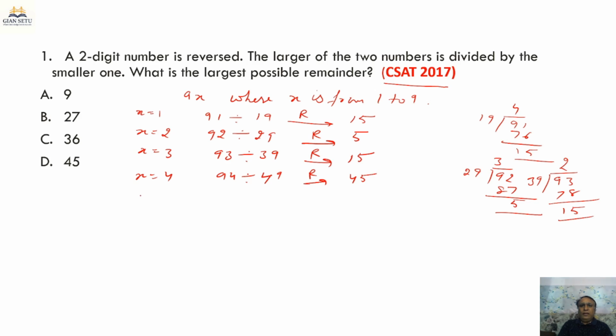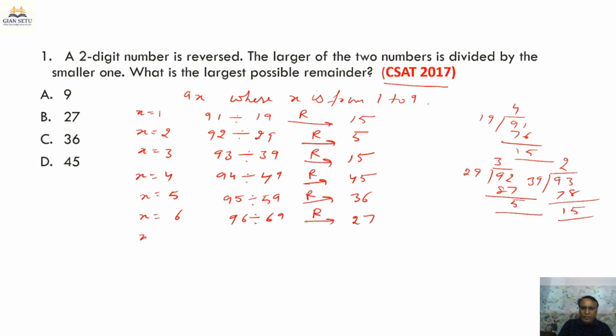Now when x is equal to 5, number will be 95, and if we divide it by 59, remainder will be 36. Now when x is equal to 6, number will be 96, and if we divide it by 69, here remainder will be 27.